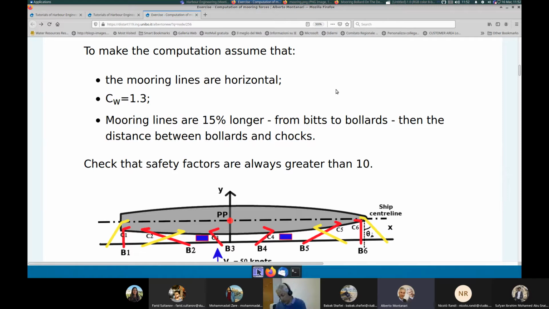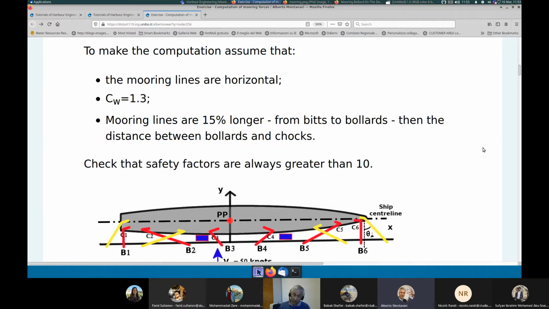A situation where you may have the chocks at more or less the same elevation as the berth is, for instance, a cargo. With cargoes, sometimes the deck is not elevated with respect to the waterline, or it's just not much elevated. And this is a possible situation where the mooring lines may be more or less horizontal. Otherwise, they are inclined at an angle in the vertical direction.